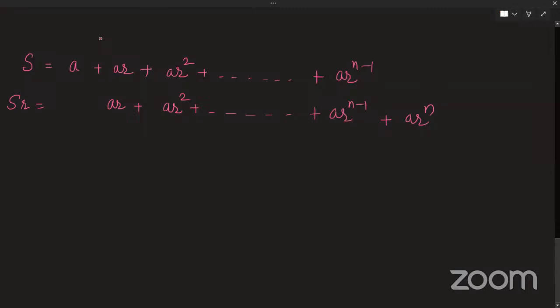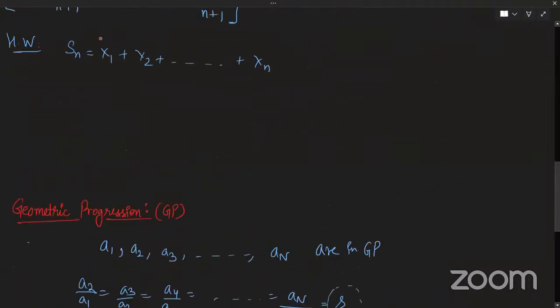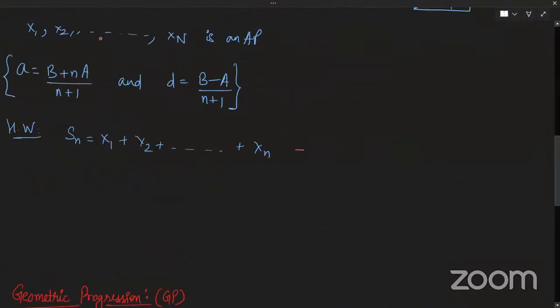What happened? I have gotten the answer for the homework. Homework, which one? Sn equal to x1 plus x2 plus so on. Okay, you can tell me. N by 2 into b plus na plus nb plus a by n plus 1. Can you repeat again?